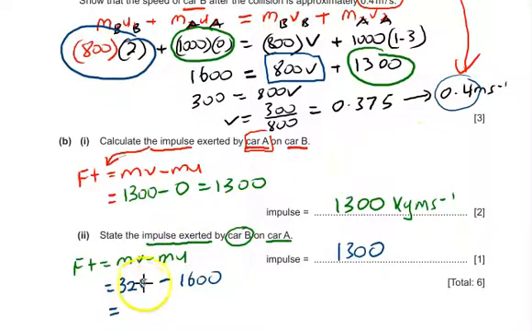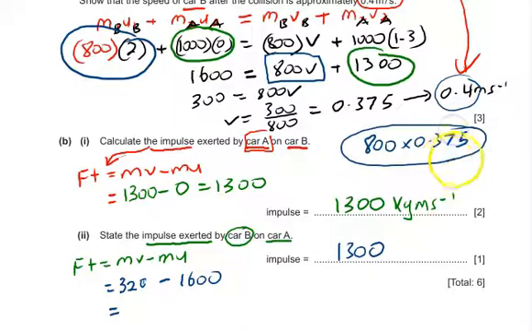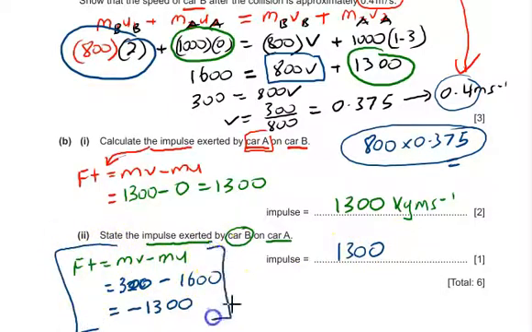But the actual value supposed to be 800 times 0.375. So the value here supposed to be about 300, so I just make a round off here, 300. So here is about negative 1300. So this is the proof it is the same.